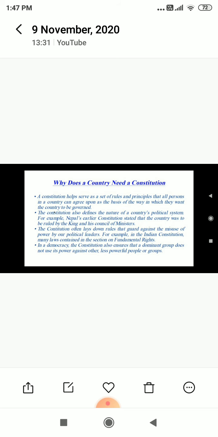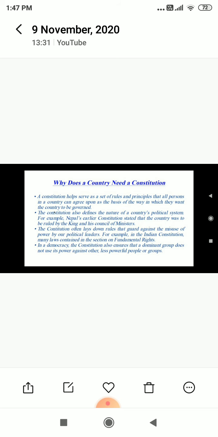But after making the new constitution of Nepal, the constitution declares that now the country is following a democratic setup in which the government which is elected has to be answerable to the citizens of the country.